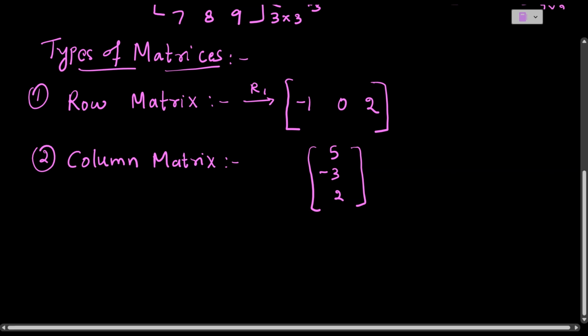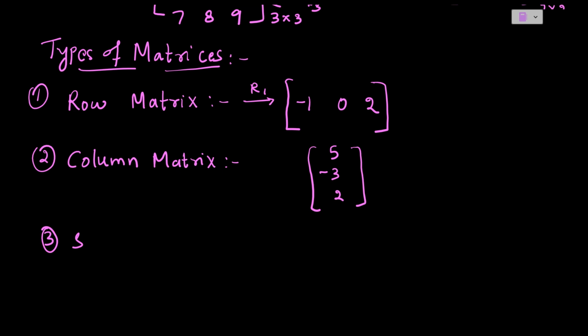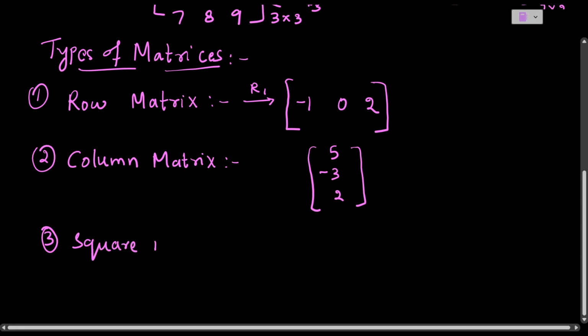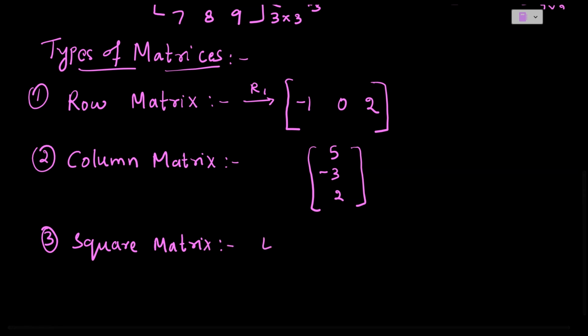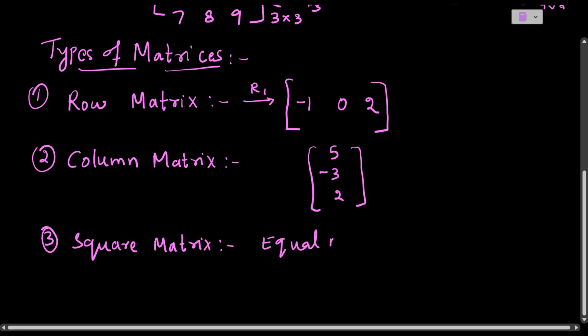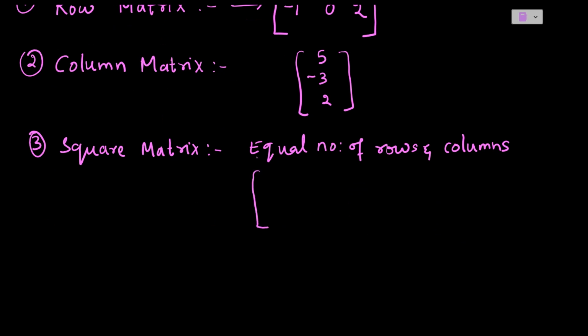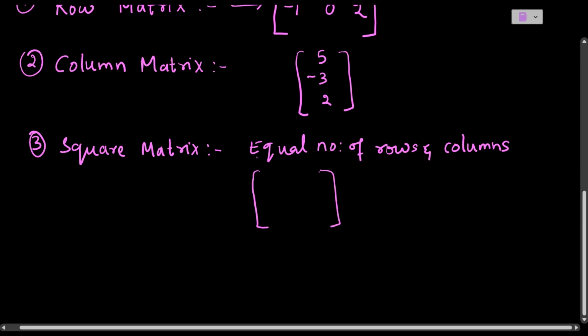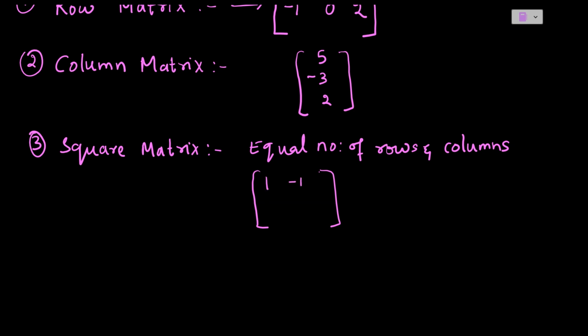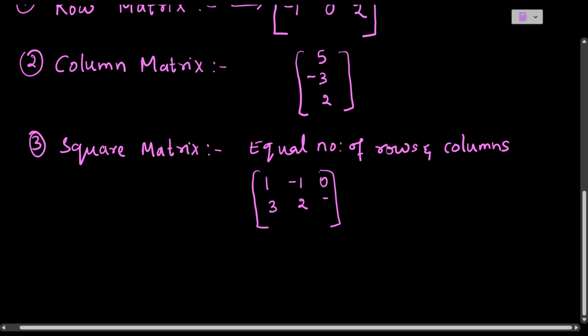Next, the third one is square matrix. Square matrix means it will have an equal number of rows and columns. For example, I have a matrix 1, -1, 0, 3, 2, 5, 7, -10, 11.